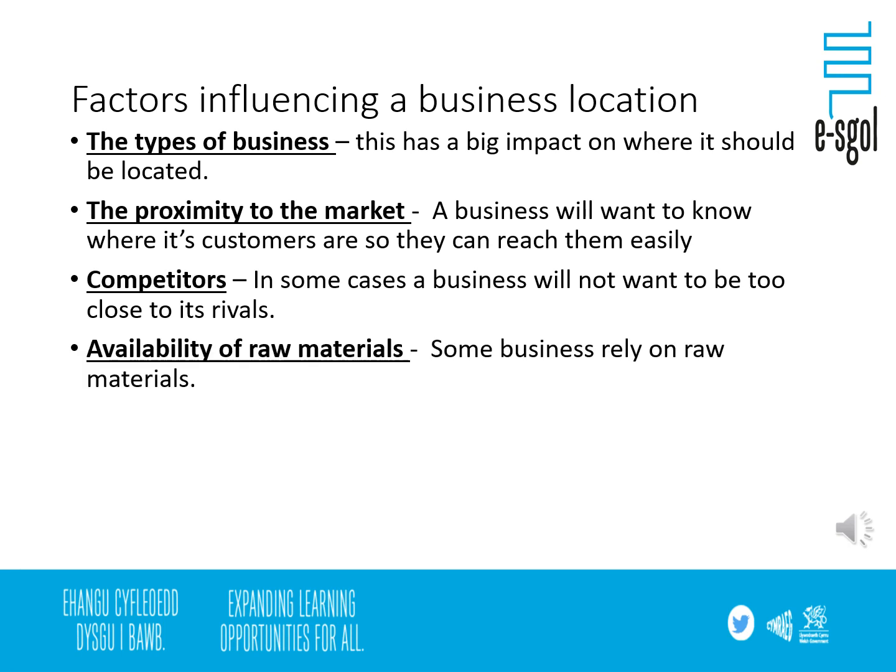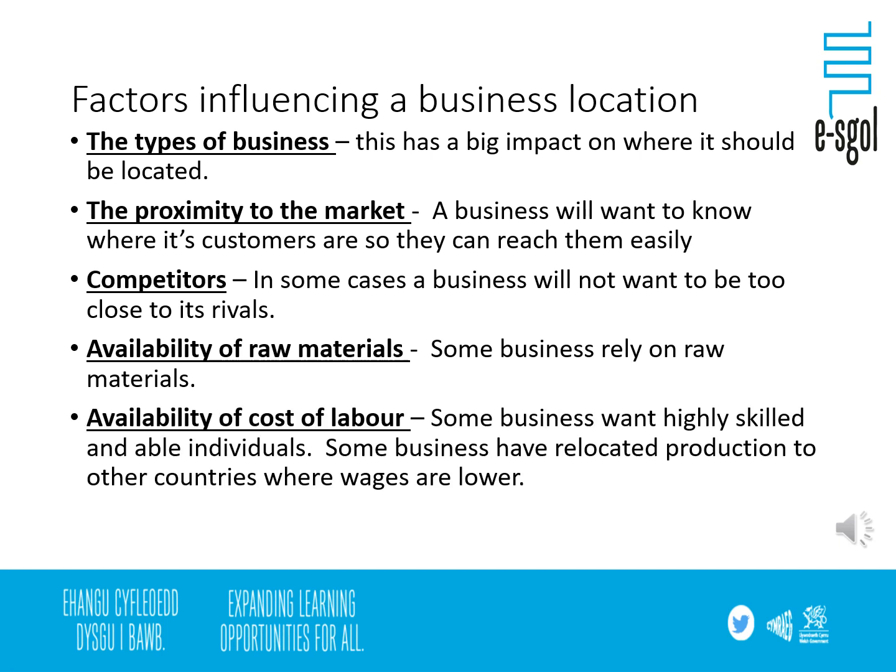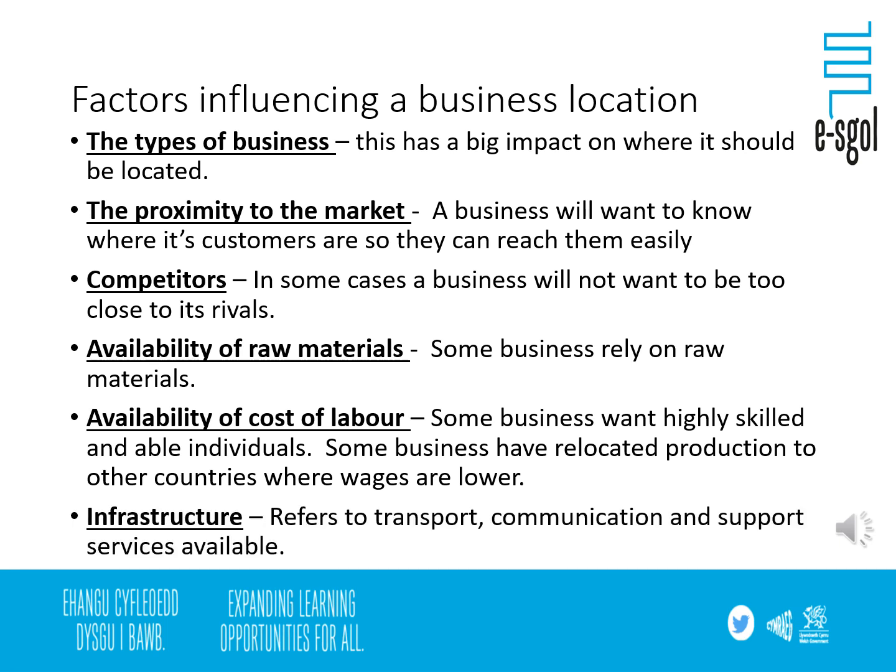You've got the availability of raw materials, so if you're relying on raw materials, are they able to get to you easily? Thinking about the cost of labour, if you need highly skilled workers, are you going to have those within the area that you're choosing? And then infrastructure, which means your broadband, your transport, your communication, your support services, is that all there for you to use?